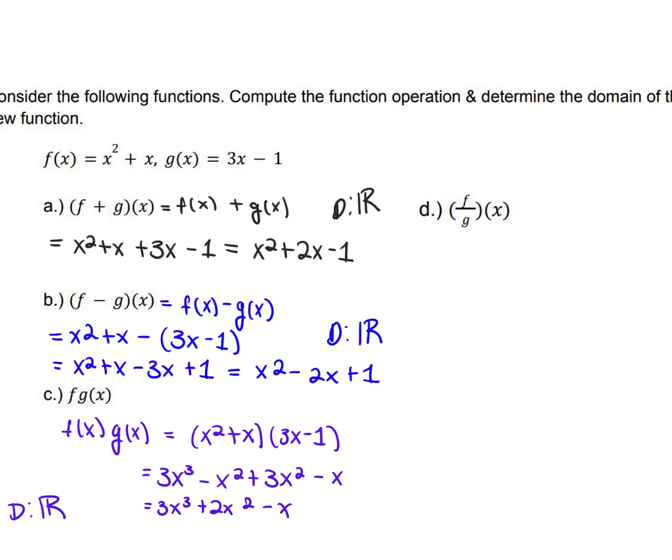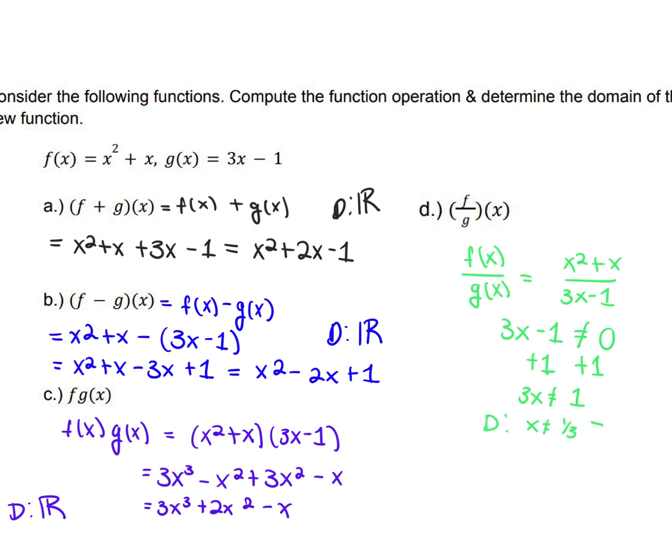Now when we have f over g of x, that's going to be f of x over g of x, which is x squared plus x over 3x minus 1. Now g of x cannot equal 0, so we set 3x minus 1 equal to 0. We solve for x. And we end up getting that x cannot be 1/3. So that's the domain.